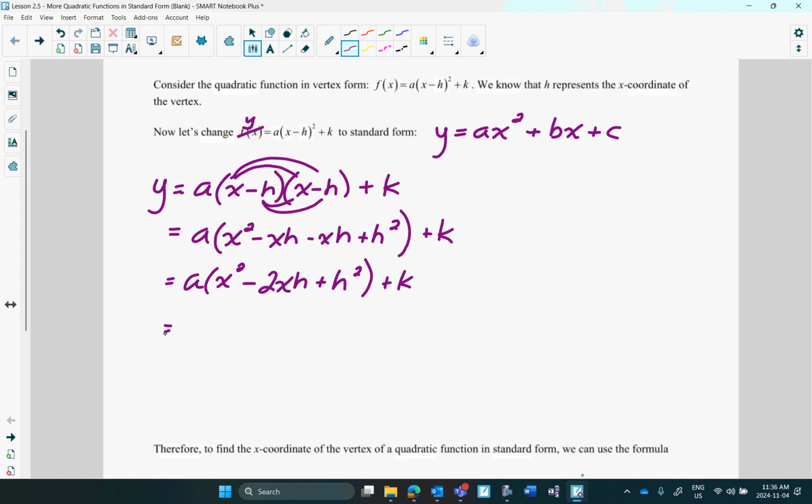Now, remember what h and k represent. Those represent the vertex, right? Okay, so now we're going to multiply through by a to get rid of this parenthesis. So ax squared minus 2axh plus ah squared plus k.